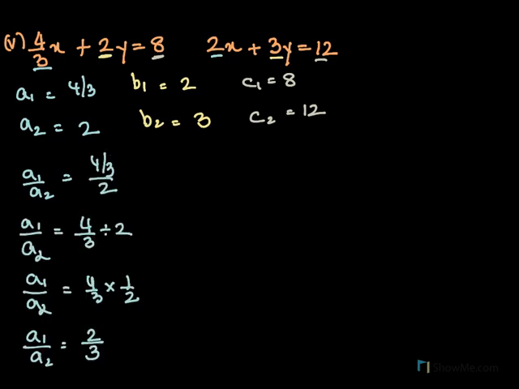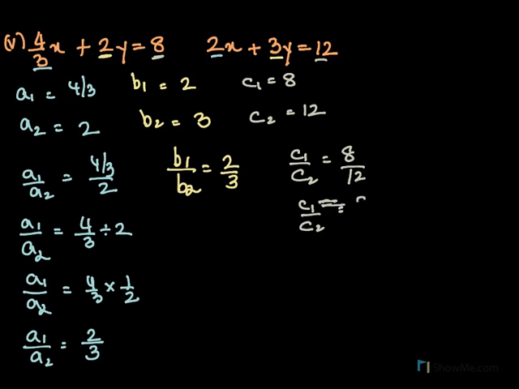Now you go ahead and calculate your B1 by B2, which is 2 by 3 directly. And then the last is C1 by C2, 8 by 12, and C1 by C2 is also 2 by 3.